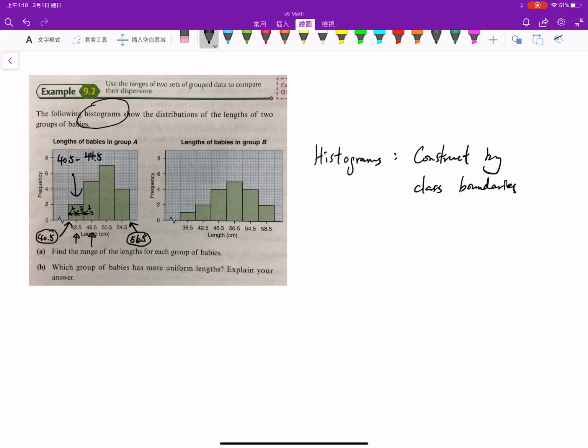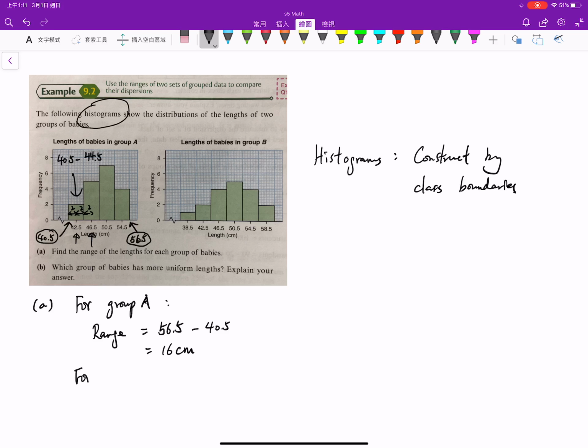So we can find the range of group A first. For group A, range will be 56.5 minus 40.5, which is 16 cm this time. I mixed up with the last example.